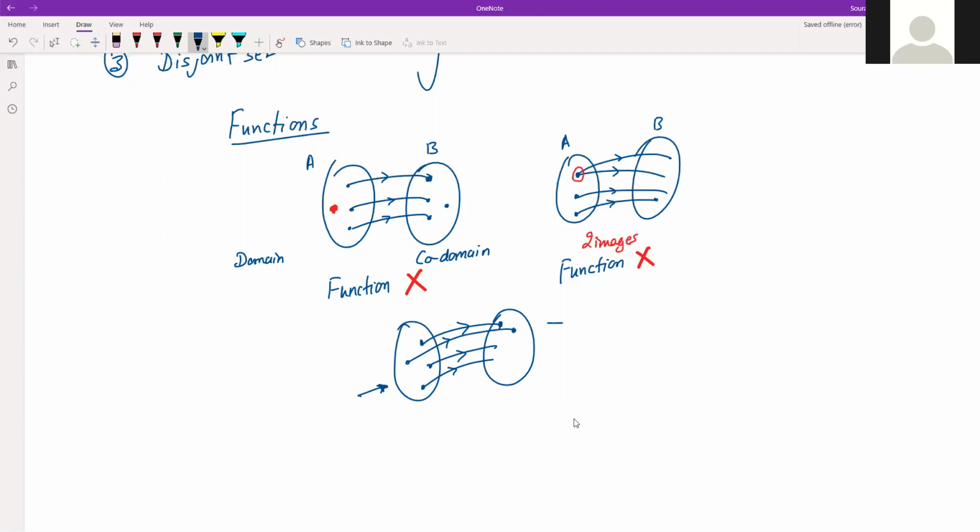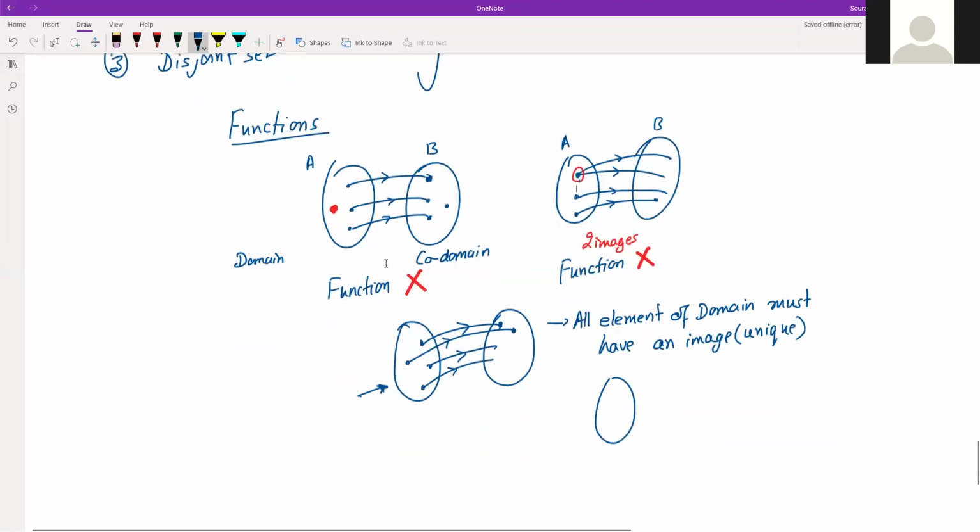And all images should be unique. I mean, all elements of the domain must have an image, and that image should be unique, that is non-duplicate. What does that mean? It should not violate this, that one element is having two images. That is not allowed.